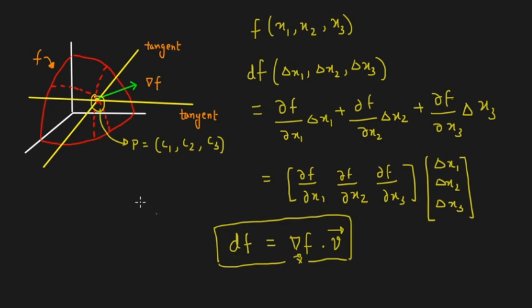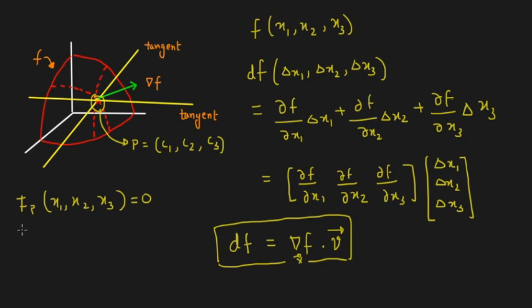Suppose that P is a point on the surface. So we know that f of P, of x1, x2 and x3, we substitute this value here, is 0. And if we move on this function on the surface, there will be very small changes in the value of the function.